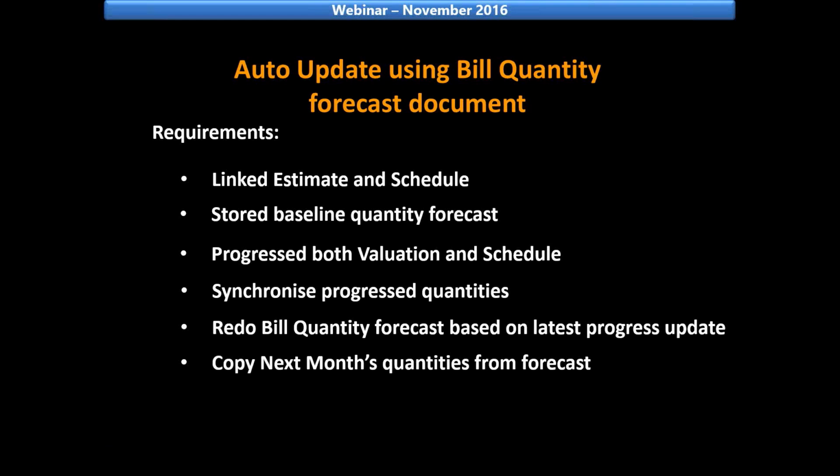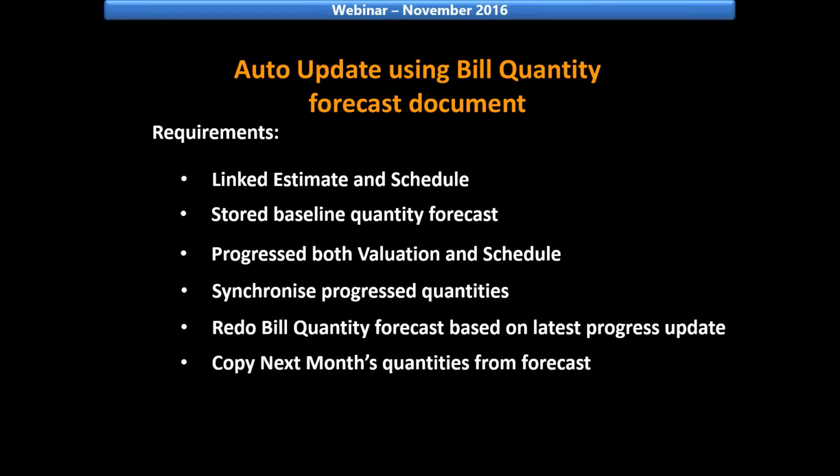We made sure we progress both the valuation and the schedule. Important, remember the time now and update date must be exactly the same. We synchronize those two quantities using our document 6.3 under link and forecast. We redo our quantity forecast as we've made changes to the remaining durations, and we then copy next month's quantity from the forecast.